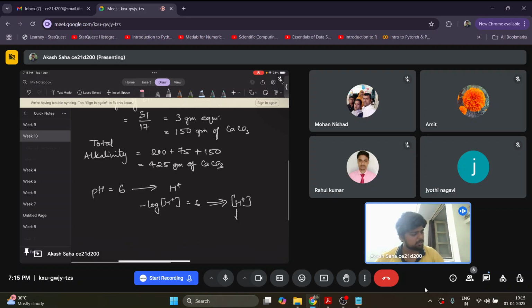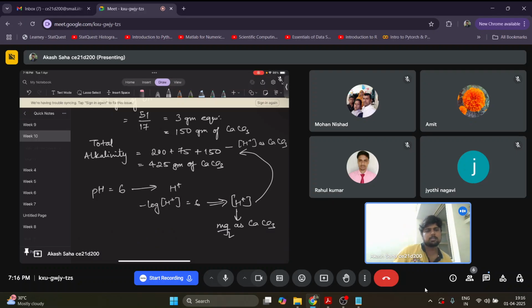That H plus ion concentration I will convert into milligram per liter as CaCO3, and then I will subtract it from here. If I subtract it from the total, I will get the corrected total alkalinity, because it will decrease my alkalinity. It will decrease my acid carrying capacity. So that's how we have to do.